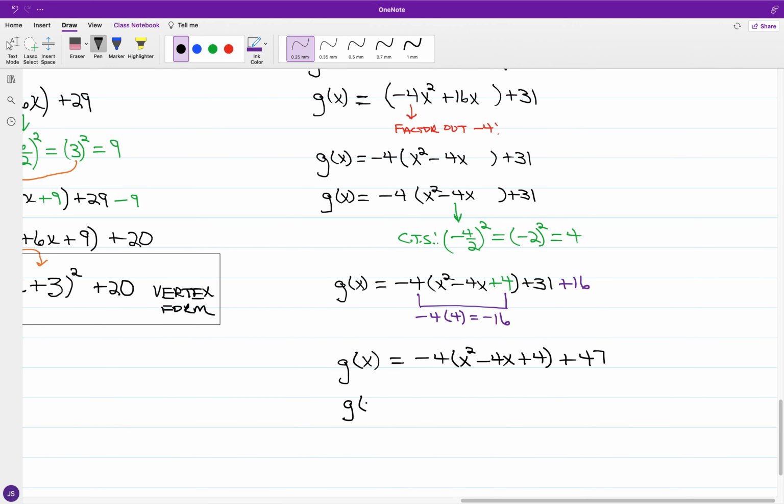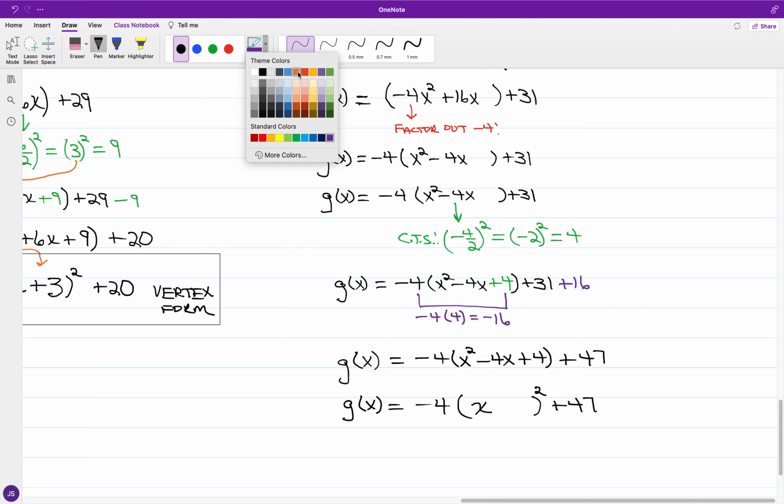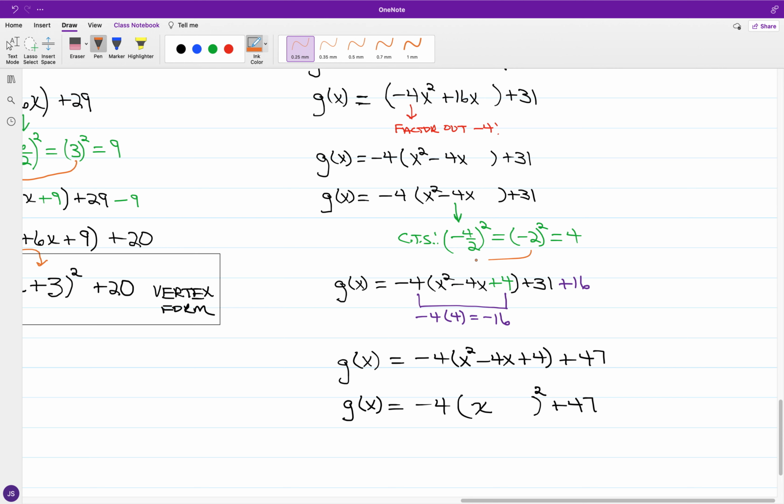And going past this checkpoint, we're ready to establish the vertex form. So you got your a value at negative 4. The k value is going to be 47. And for the square of x minus h, now with x squared, we have the square of x. Again, in terms of how this trinomial came about with the completion of the square, we had the 4 originate from squaring negative 2.